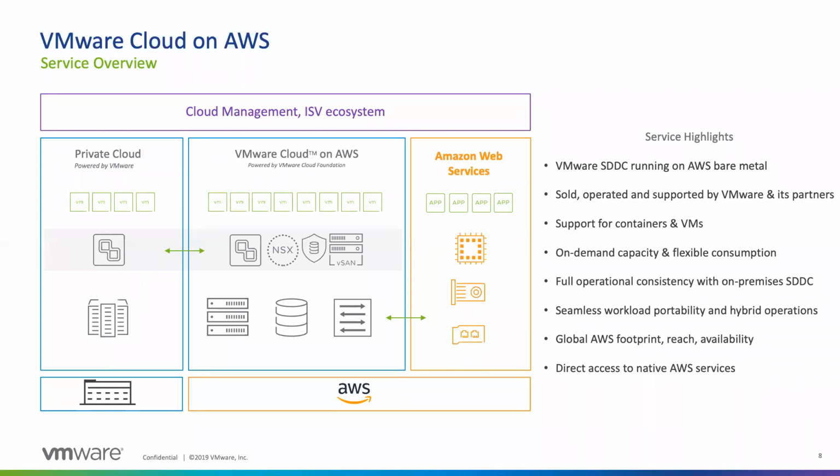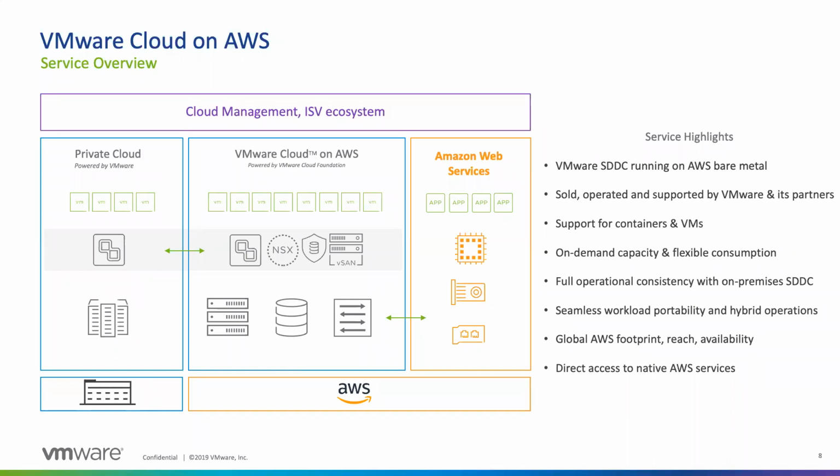And so this is done through an elastic network interface. The same way that an AWS EC2 instance, which is their IaaS instances, would talk to these platform services is the exact same way that a VMware Cloud on AWS VM talks to those services. So there's no penalty for running in VMware Cloud on AWS versus a native EC2 instance.